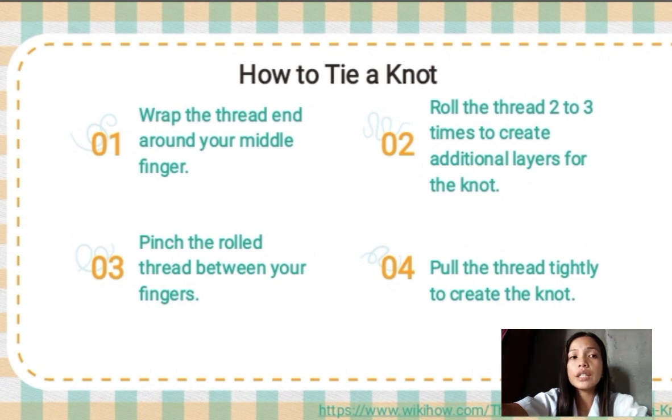The first thing you need to do is wrap the thread end around your middle finger. Roll the thread 2 or 3 times to create additional layers for the knot. Third, pinch the rolled thread between your fingers. And last, pull the thread tightly and create the knot. So I will show you a short video on how to do those basic sewing skills.